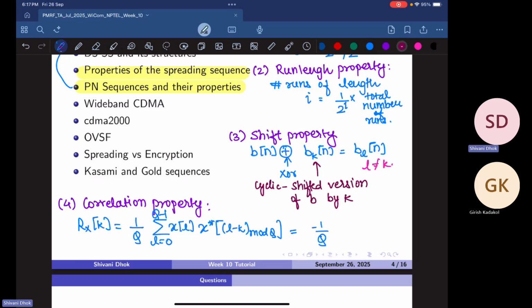Now note here, this b here are binary 0 and 1, but here these x's are now mapped to 1 and minus 1. So essentially, generally what we do, we map 0 to 1 and 1 to minus 1. Okay.